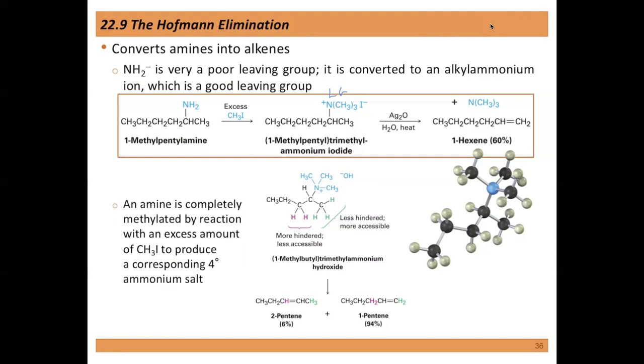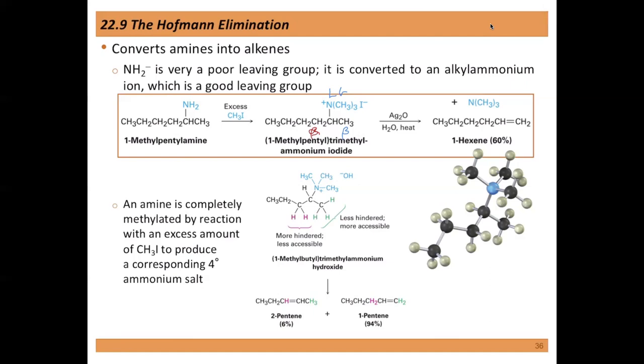In any E2 elimination, if we have two different types of beta hydrogens, so let's write the beta hydrogens in red and beta hydrogens in blue, we could form two different double bonds. And you notice in this reaction here, we tend to form the less substituted double bond, which we know as the Hofmann product. And it's because of this reaction that it is known as the Hofmann product.